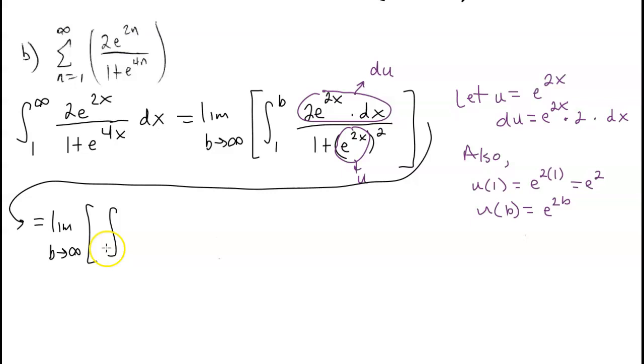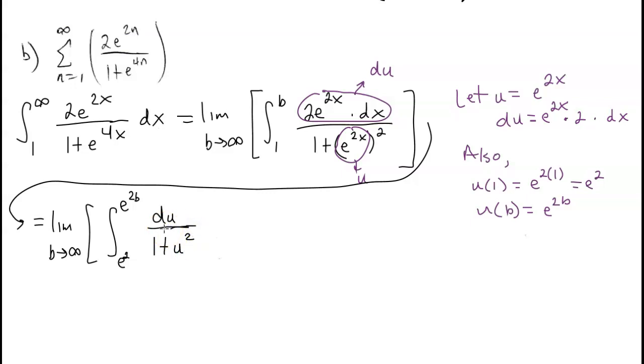So we have the integral, and instead of writing a 1 here, we do u of 1, which is e raised to the 2. And instead of writing b here, we're going to write e raised to the 2b. And for our integrand, we're just going to have du over 1 plus u squared.